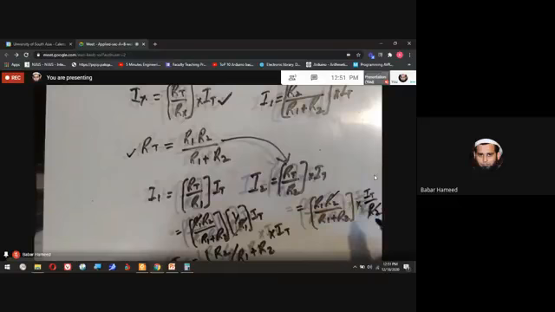R2 will be cancelled with R2 and we will be left with R1 over R1 plus R2 times IT. This is the formula of I2.